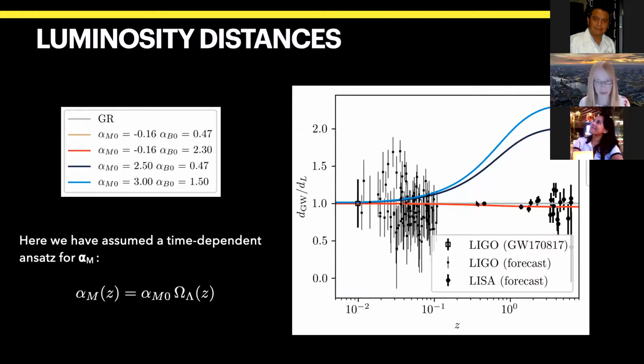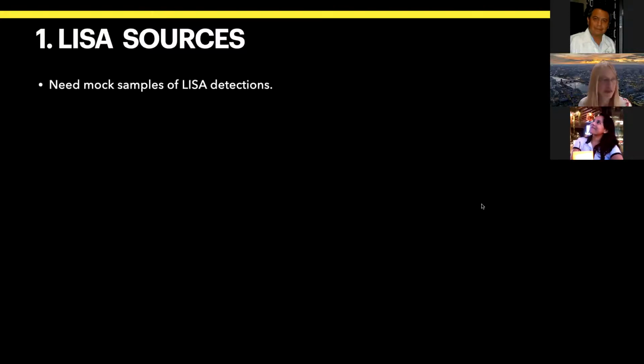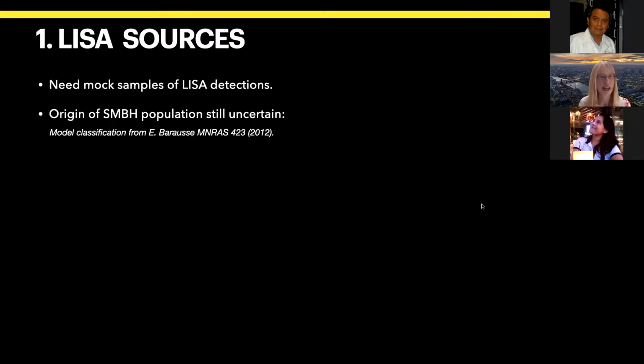First of all, you have to worry about the population of massive black holes and where on earth it comes from. We are still uncertain on an astrophysical level what seeds those massive black holes and allows them to grow so large by the universe today.